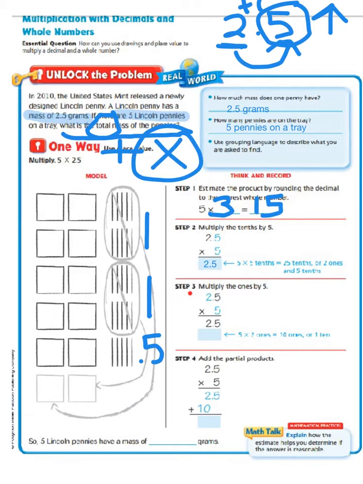Now step 3 is to multiply the ones by 5. So we do 2 times 5, or as the model shows, 1, 2, 3, 4, 5, 6, 7, 8, 9, 10. We know that 2 times 5 equals 10. So we will record the 10 in the blue box provided.